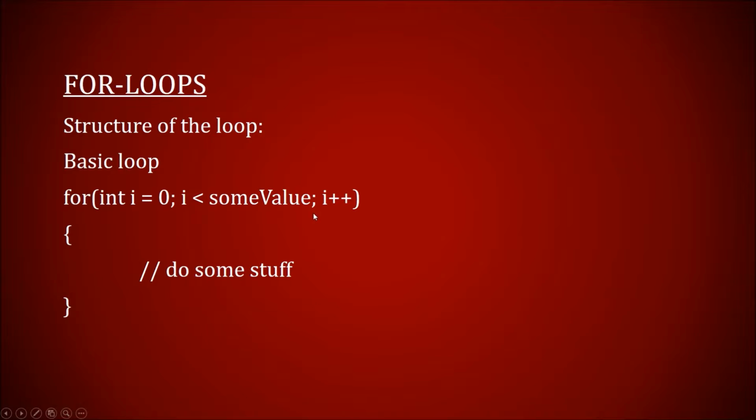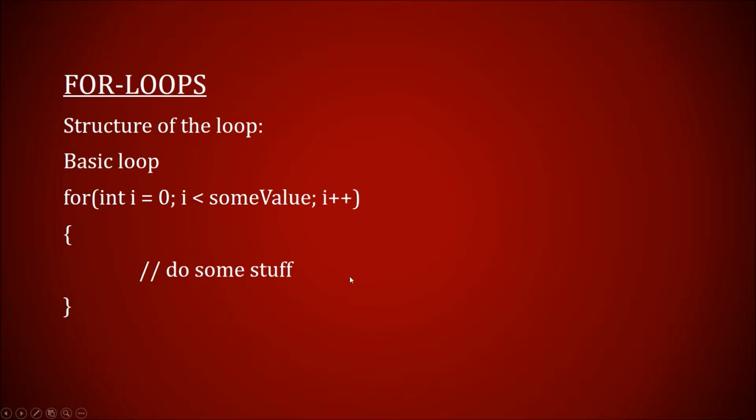You can do all sorts of things. You can add 2 to i, you can add 3 to i, you can do whatever you want. Just typically with a for loop, it's for iterating through some functionality. With iterating, you do it one at a time, so that's why you're typically going to just increment it by 1.